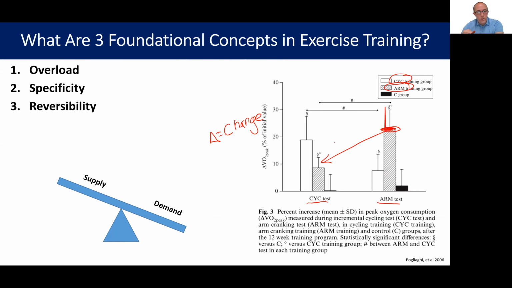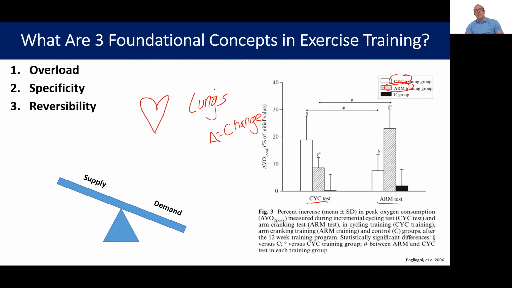How does this work with the law of specificity? They didn't even train their legs, but the legs got better. The point here is that it's not just the location of the muscle that's exercising, but all the systems involved. And during arm cycling and leg cycling exercise, you're also putting a strain on the heart and on the lungs.